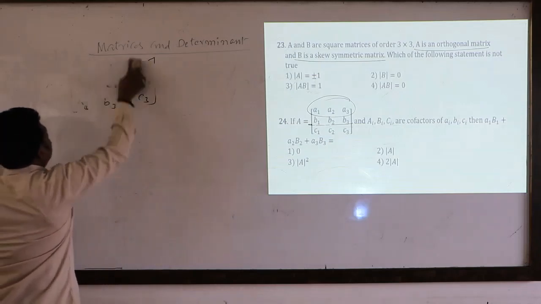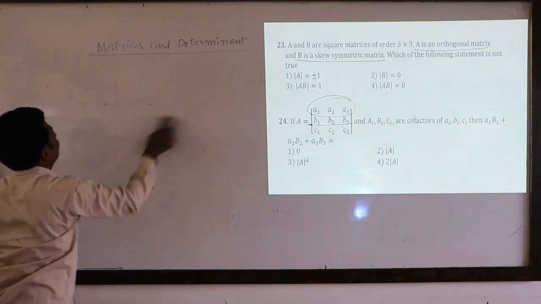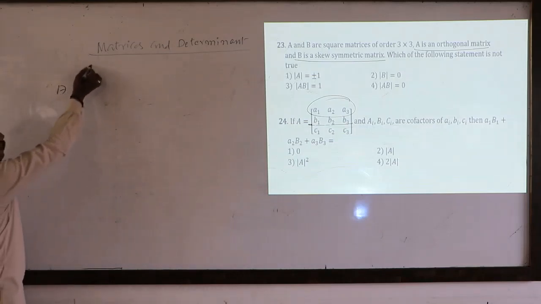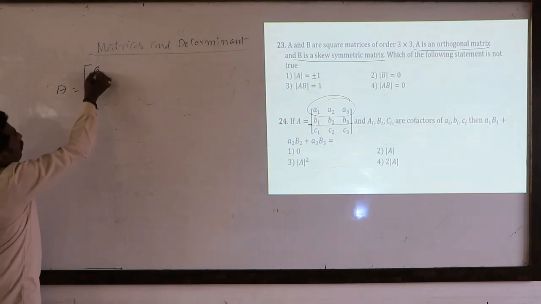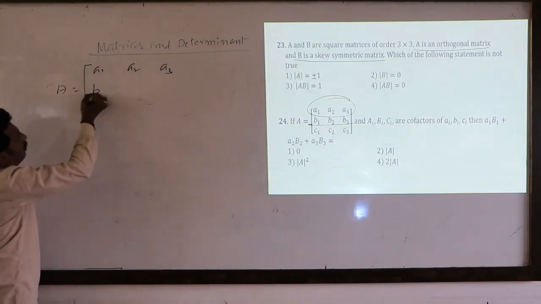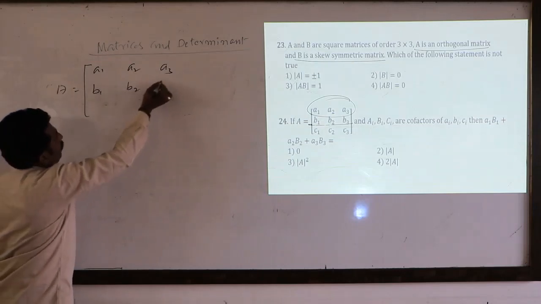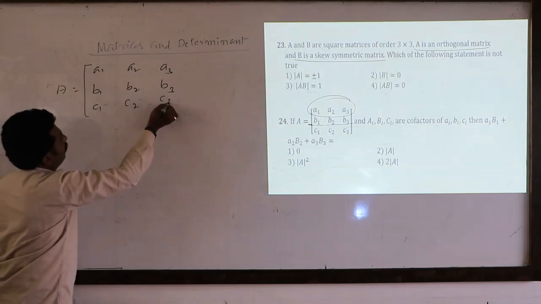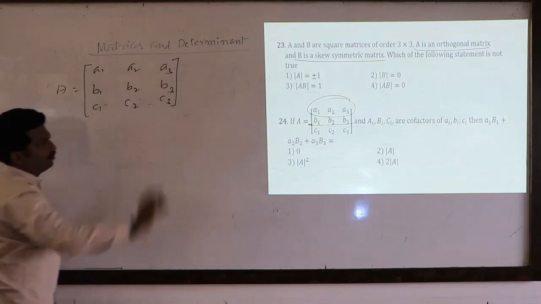The given matrix is A equal to A1, A2, A3; B1, B2, B3; C1, C2, C3.